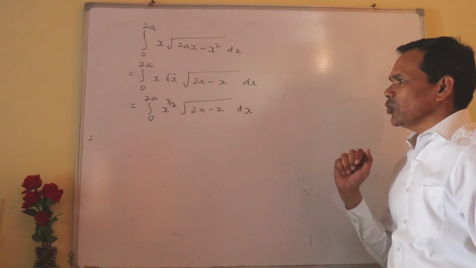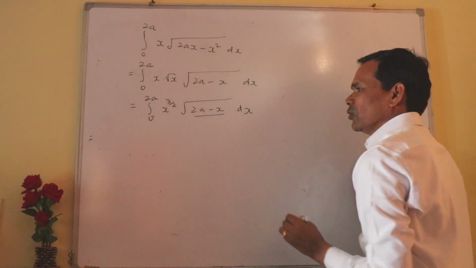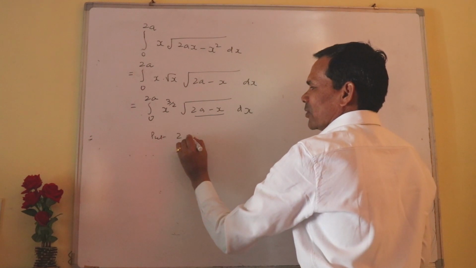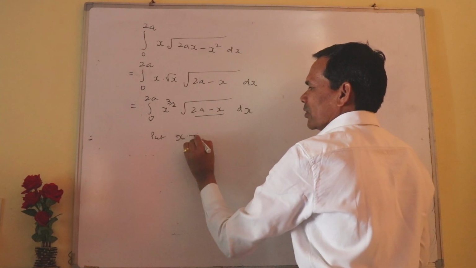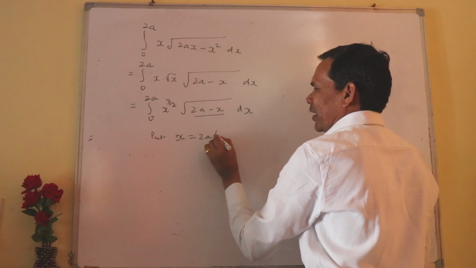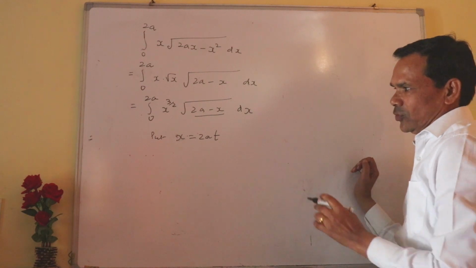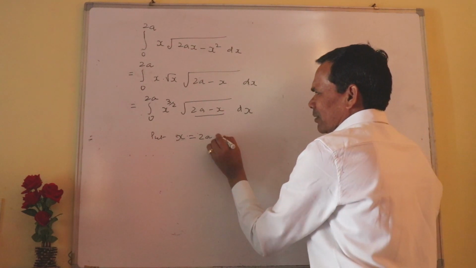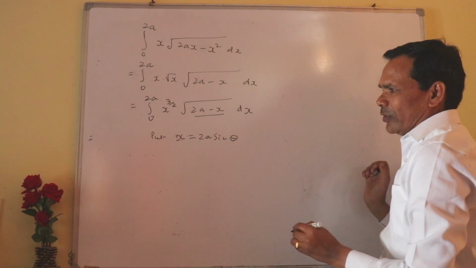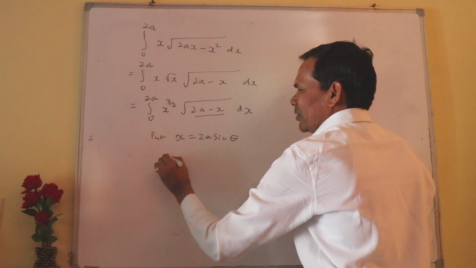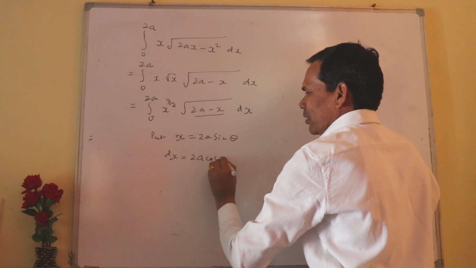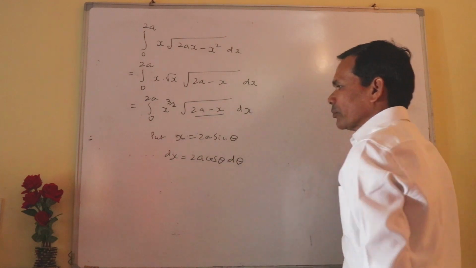So a suitable substitution for this, in order to get 1 minus sine square, is to put x equal to 2a sine theta, taking 2a outside with some other variable t, or sine theta; t can also be taken for the gamma function or beta function. So dx is equal to 2a cos theta d theta.